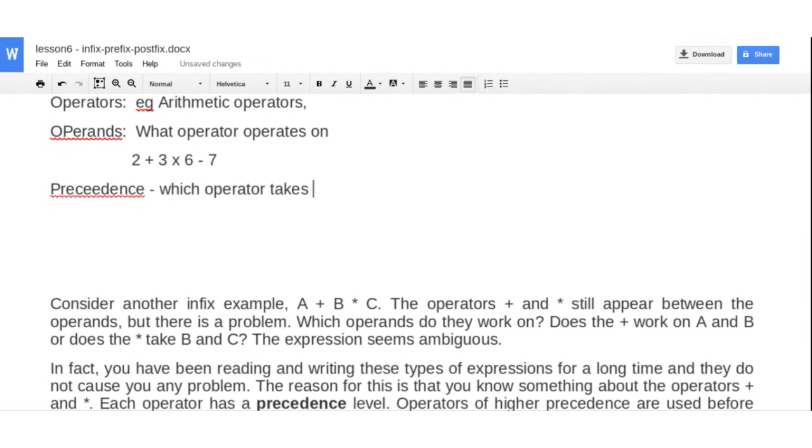So in our previous arithmetic, using the concept of BODMAS, the BODMAS rule was used to guide us as to which operator we should do first.